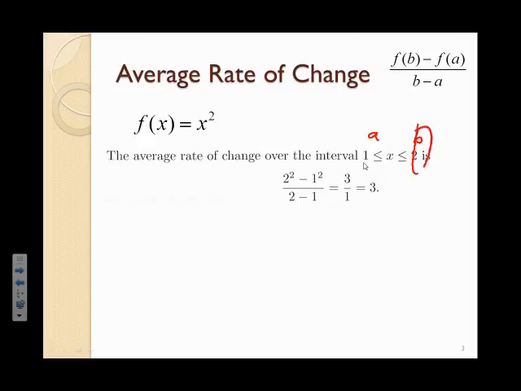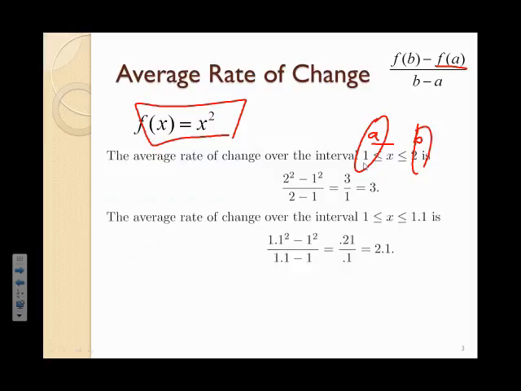If b is 2, we do an f of 2, and we're putting it into this function here. So 2 squared would be 4, and we subtract an f of a, and again, a is 1 here. So 1 squared, of course, is 1. And then we're dividing it by b, which we said was 2, and a was 1. So we get a difference of 3 over 1, or an average rate of change of 3 over this interval.